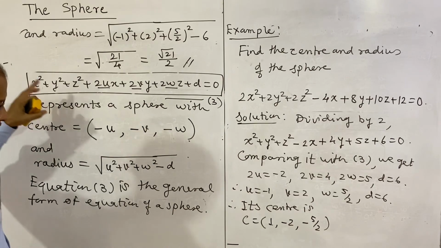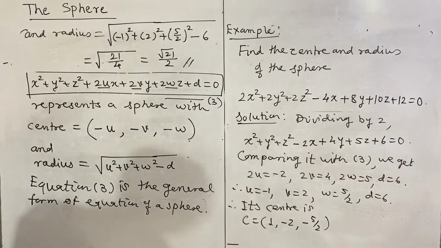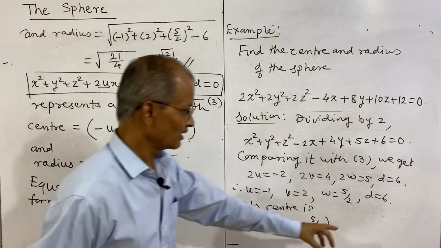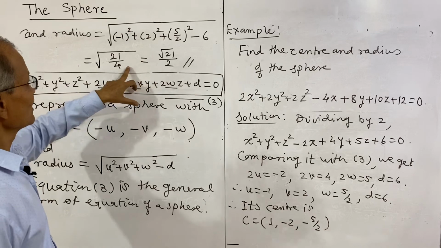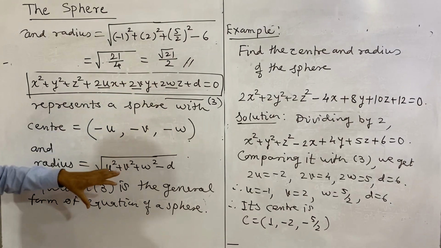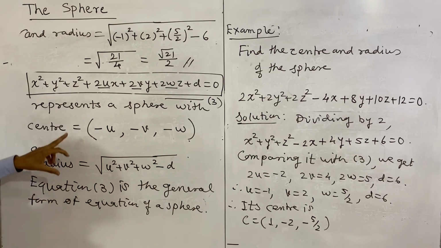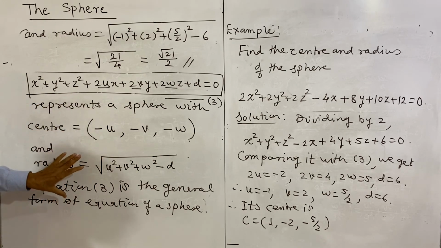So 1 plus 4, and the square of this term, that is 25 by 4, and subtract d, and the square root of this quantity gives the radius. So in this way we can obtain the center and radius using these formulae when the equation of the sphere is given in general form.